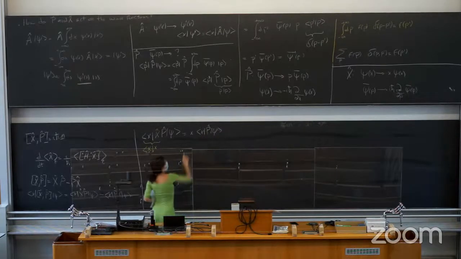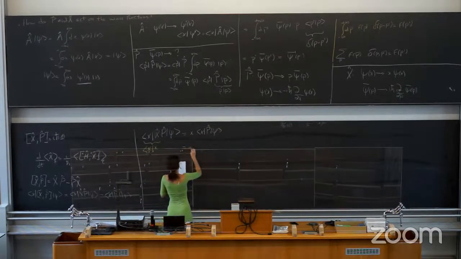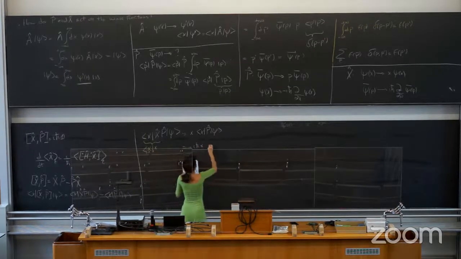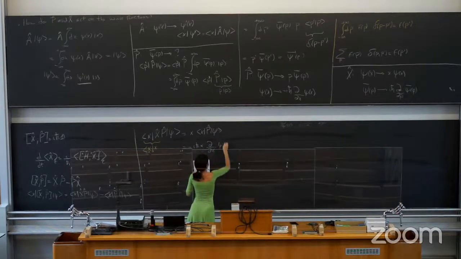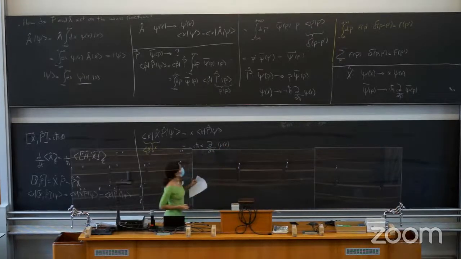And this thing we already computed, so that's minus i h bar x dx. Right? This term is done.